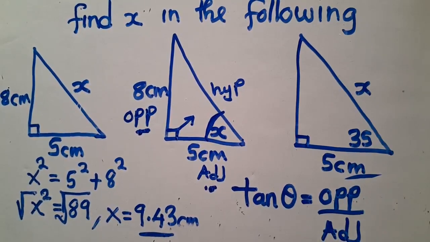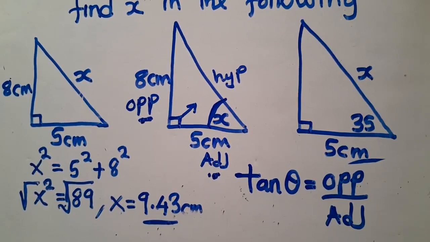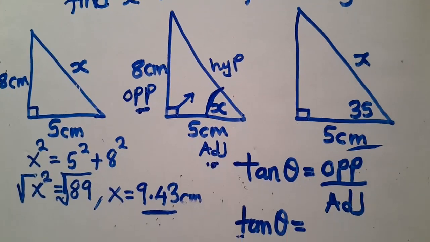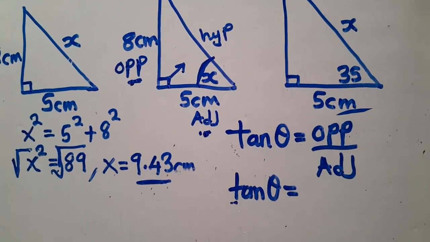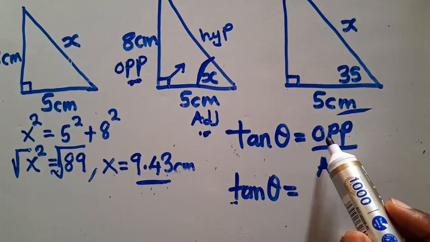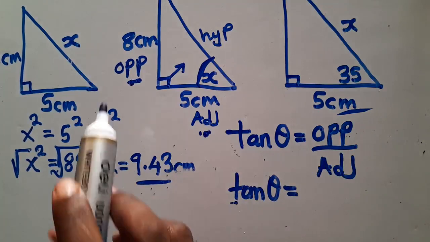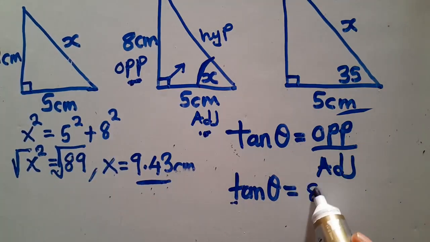This is what you are going to do. And then you just do the substitution. Tan theta is equal to, what is the opposite? Opposite is 8 there.